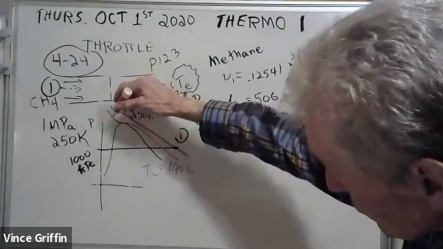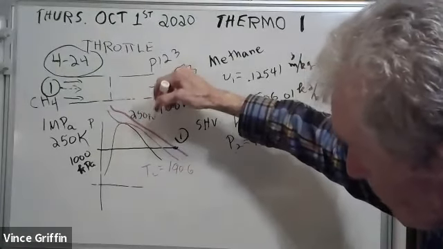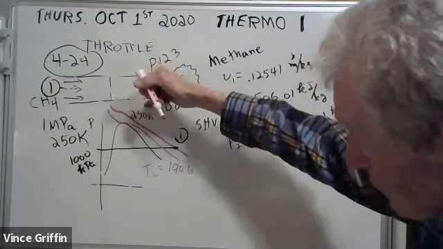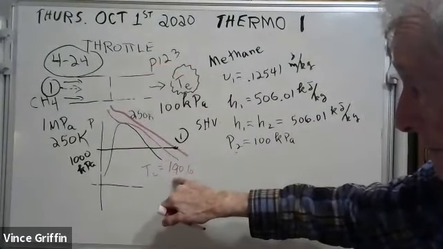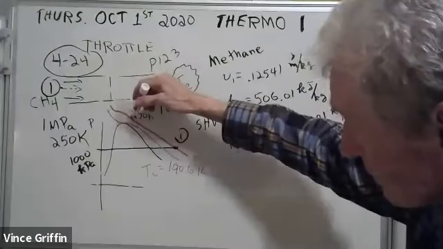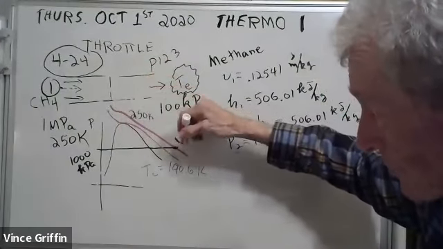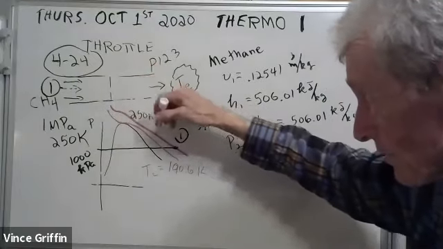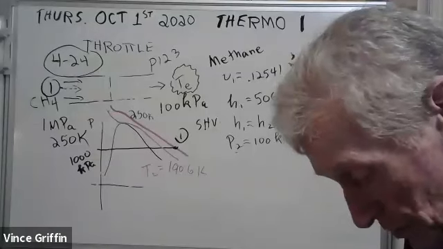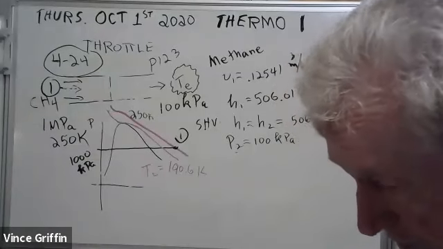Well, this is the critical isotherm, but we're hotter than that. 250 is hotter than 190. And so we're out here. You can't enter the vapor dome if you're out here. So you go to the superheated vapor.